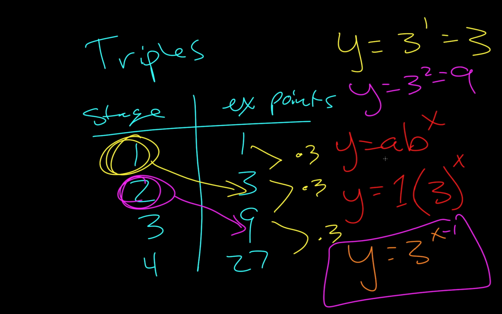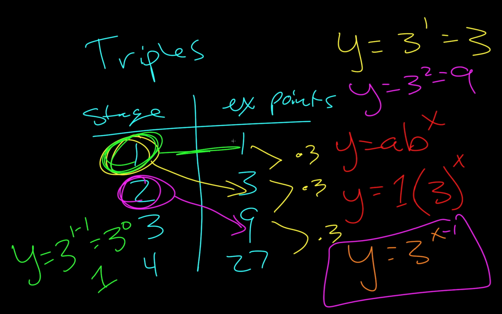So now if we try that first one again, it's y equals 3 to the 1 minus 1, which is 3 to the 0, which is 1. And so 1 goes to 1, and that's what we want. Test it for the next one. 3 to the 2 minus 1 equals 3 to the 1, which is 3.